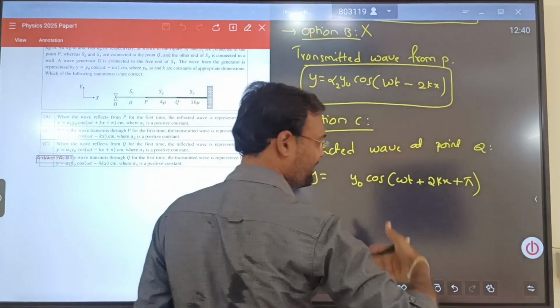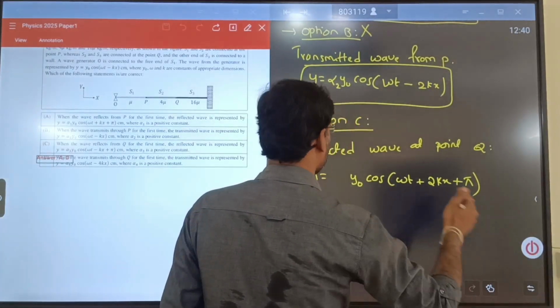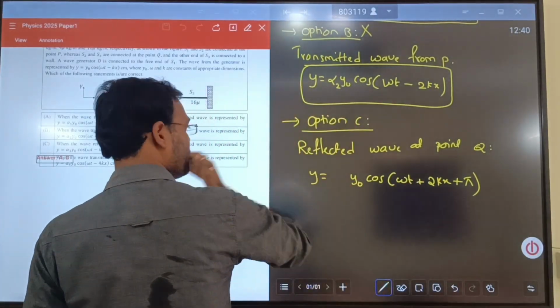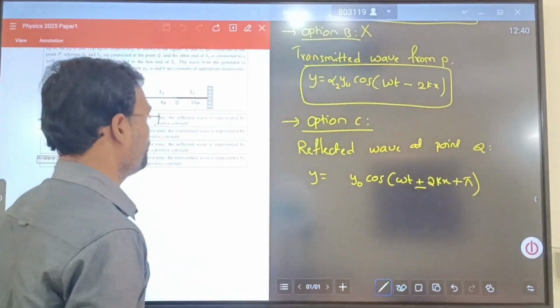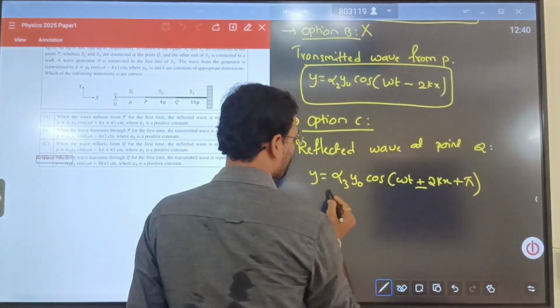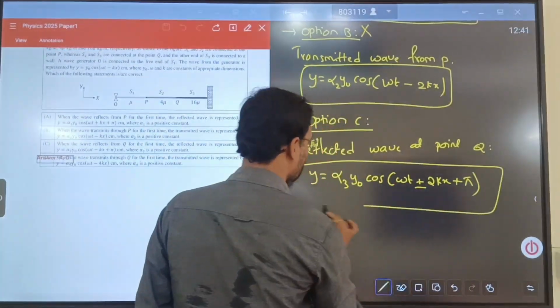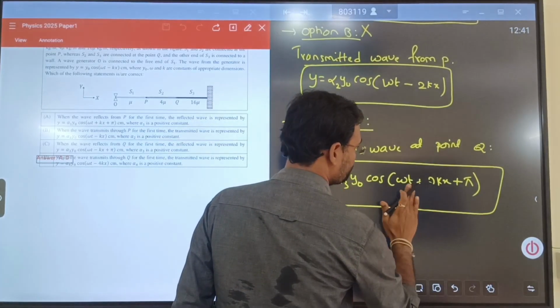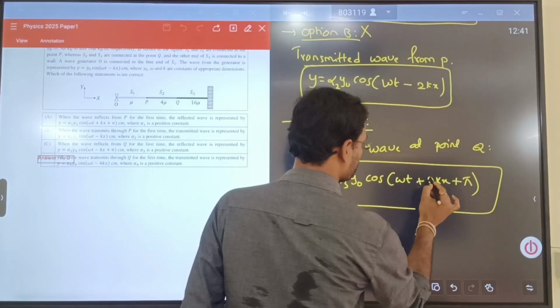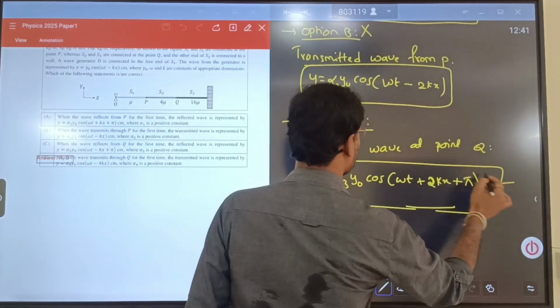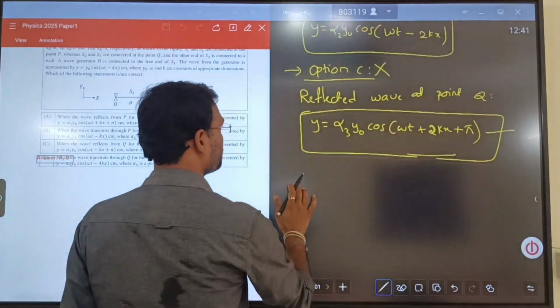That means they are saying it is moving in the forward direction, but a reflected wave has to move leftward, so we have to keep it as plus. So option C is also not correct.